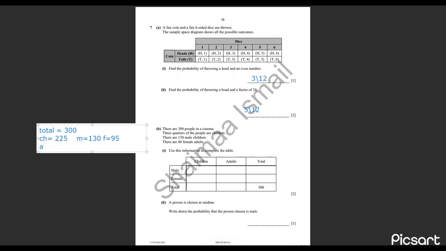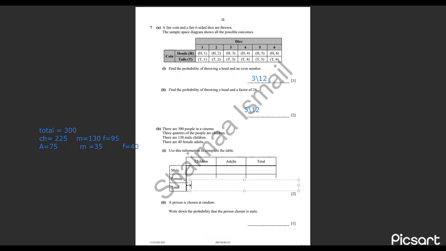Actually, the total adults will be 300 minus 225, which equals 75, the total minus the total of the children. He gave you the female adults, 40, so the male adults will be 75 minus 40, equal to 35. Now it's clear, he wants you to complete this table just to check the numbers.